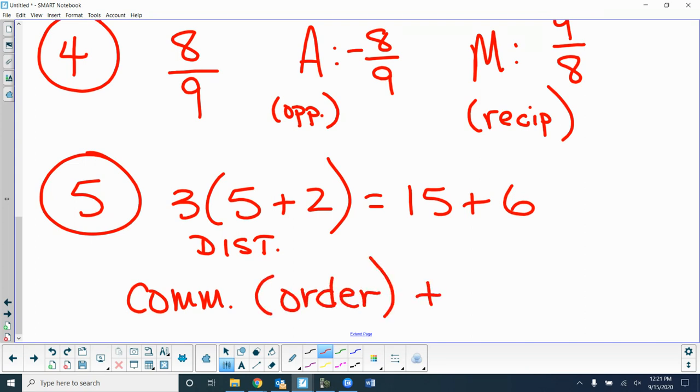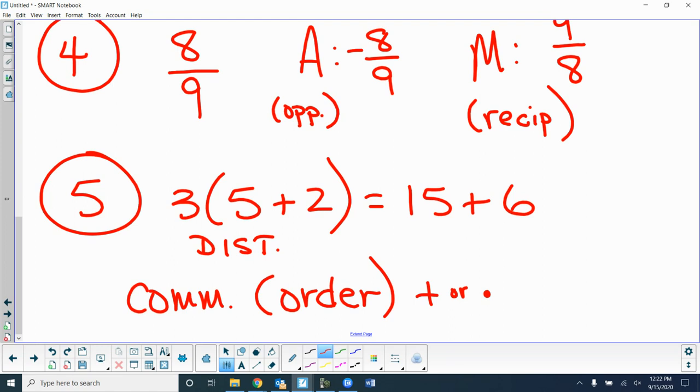It could be multiplication or addition. So, if I had 2 plus 3 equals 3 plus 2, you would write commutative property of addition.